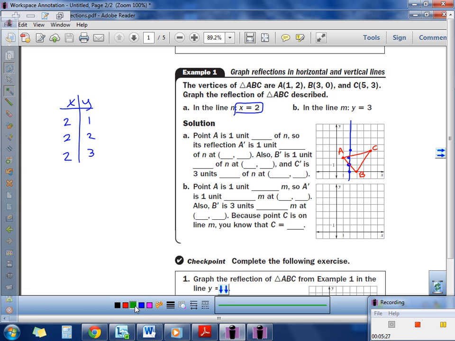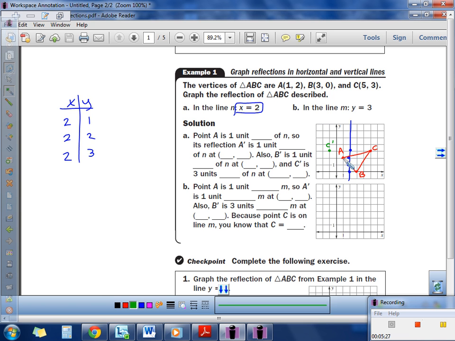The key concept I want you to understand is that every point must be reflected over that line. How far is C from this line? Well, along this way it's 3 units. So I need to continue and go 3 units in that direction. There's my C prime. How far is A from that line?